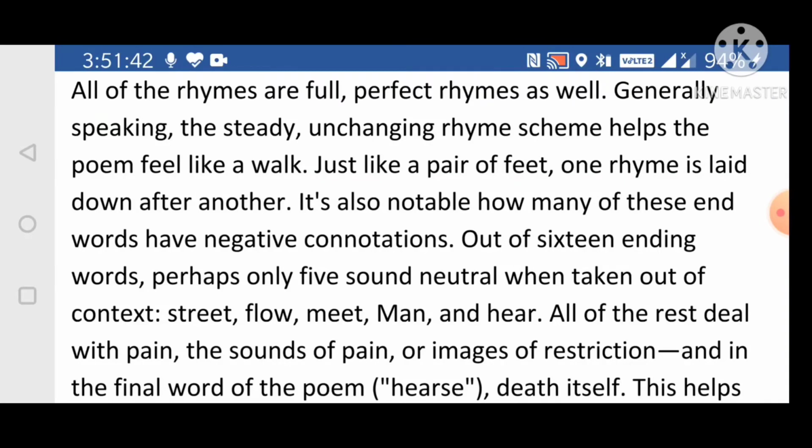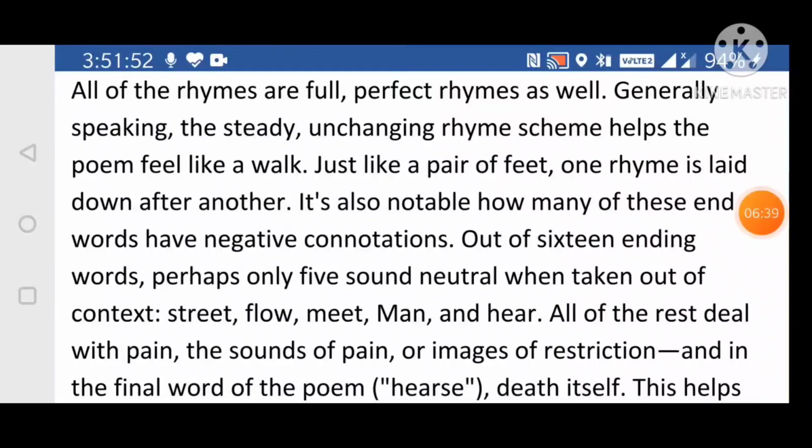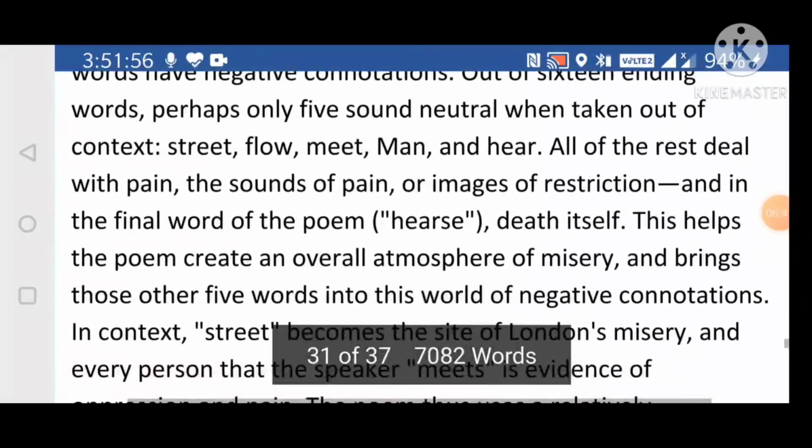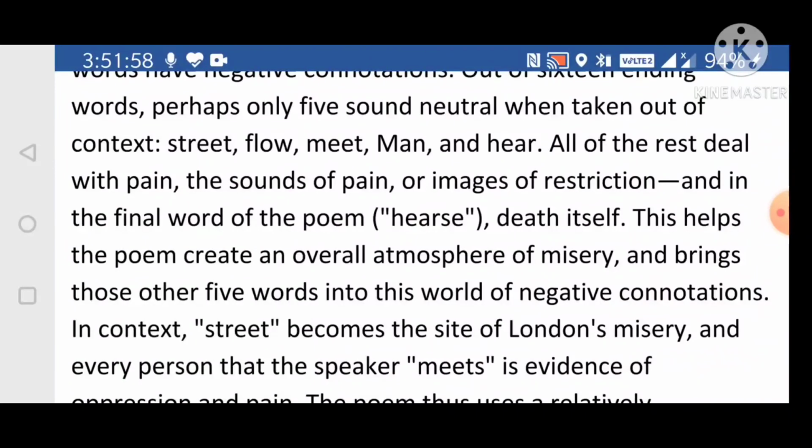It is also notable how many of these end words have negative connotations, meanings. Out of 16 ending words, perhaps only 5 sound neutral when taken out of context. And these are street, flow, meet, man, and here.